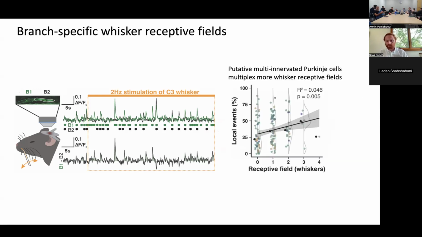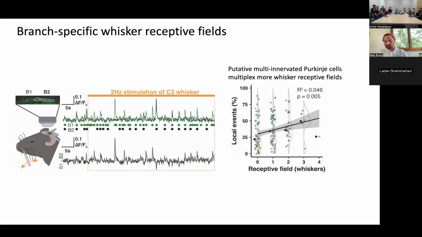So just briefly, cells that had more local events, and I would determine this during the spontaneous period, so this is like that first experiment with spontaneous activity, also appeared to be responsive to more whiskers. This starts to get a little bit at what you were asking, about whether you just have two climbing fibers and one is less responsive, but to the same whisker.